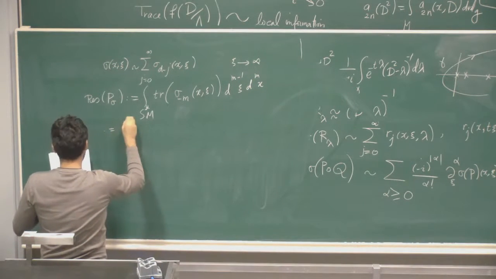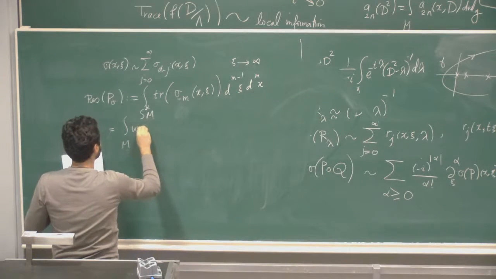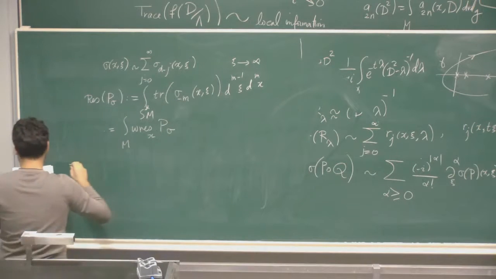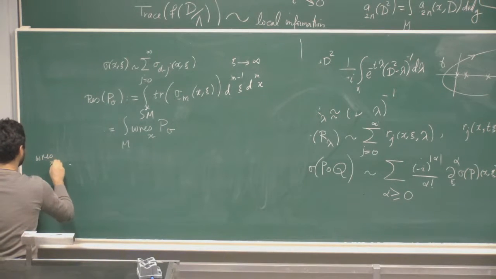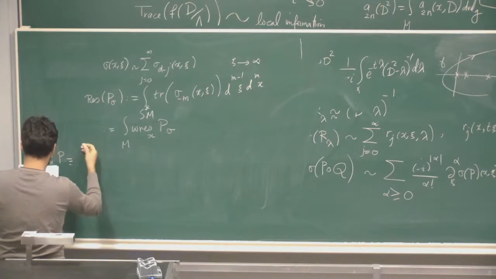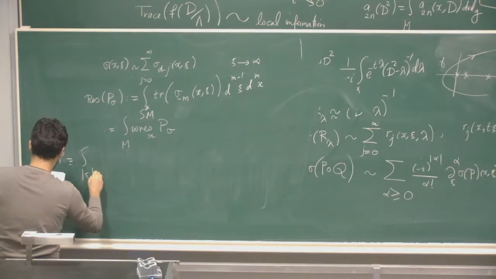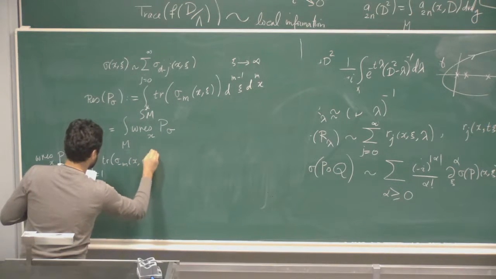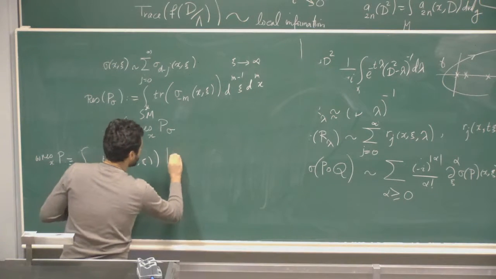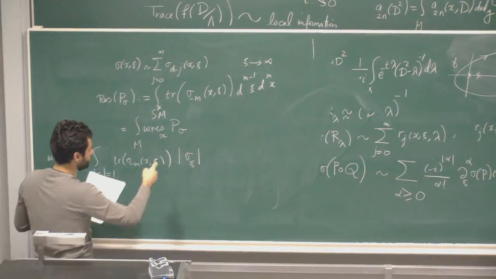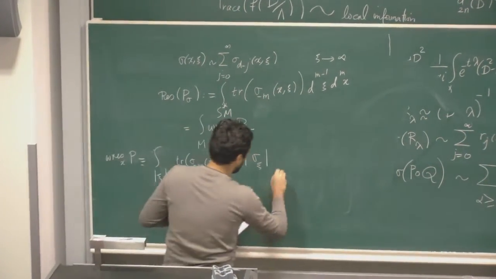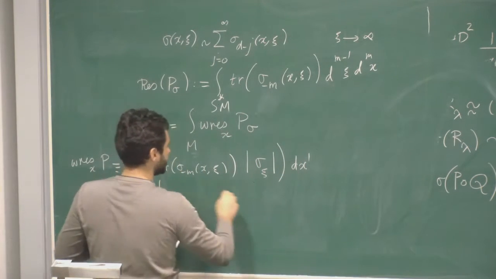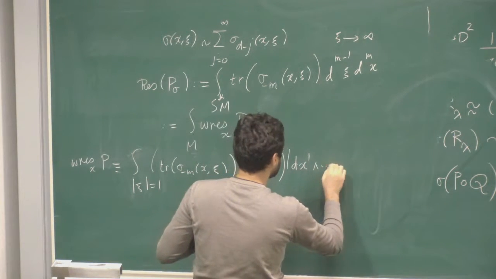Actually, for a precise definition, it is the integral of a one-density over the manifold. At each cotangent fiber, you look at the volume form on the unit sphere and multiply it by the absolute value of dx1 up to dxm.